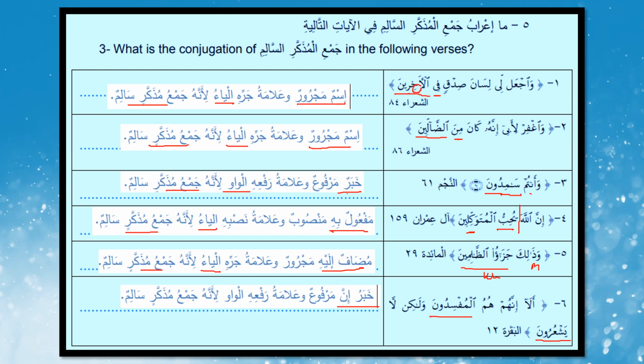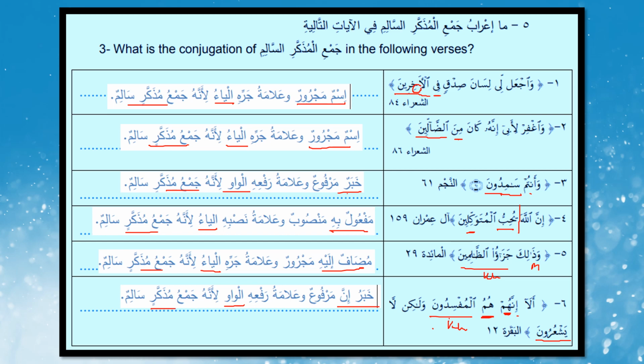Let's see. Innahum. So this is in ism position, ism inna. Humul is damir fasl and this falls in khabar. If there is an ism inna, we have our khabar inna. Now this is in khabar position. Khabar inna, it's in marfu. Why? We can see the waw because it's Jama muzakkar.